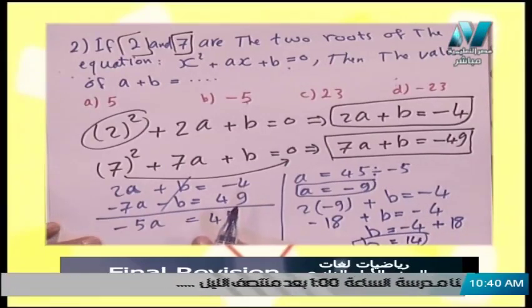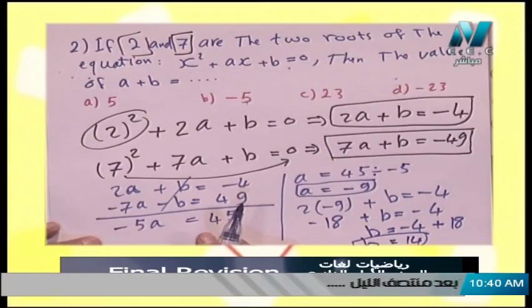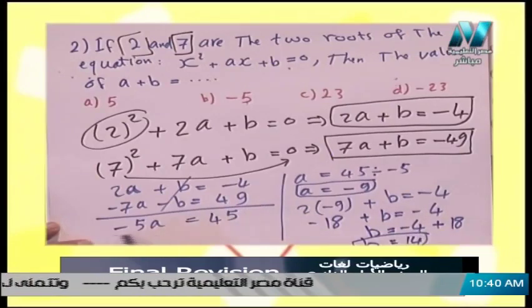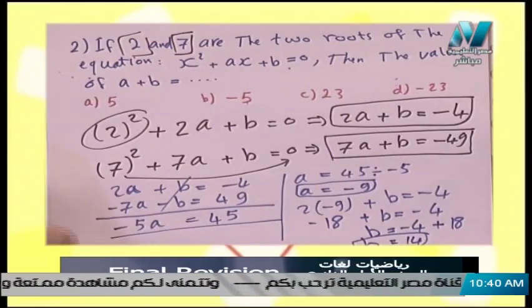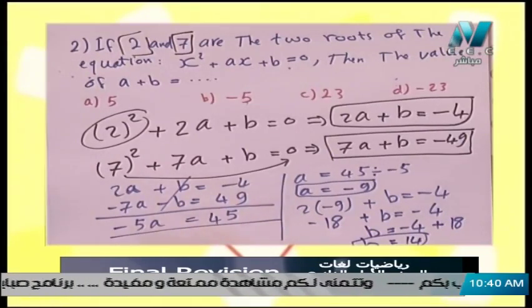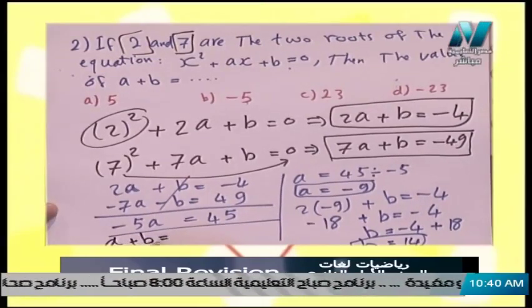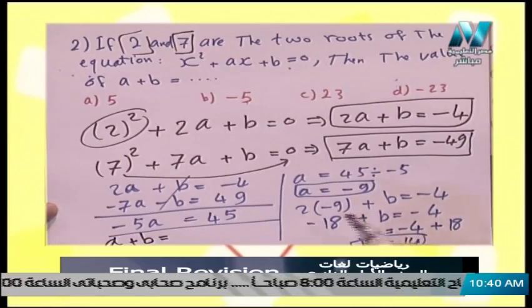Okay. So a plus b here will be equal to negative 9 plus b, which is equal 14. We would like to find a plus b.